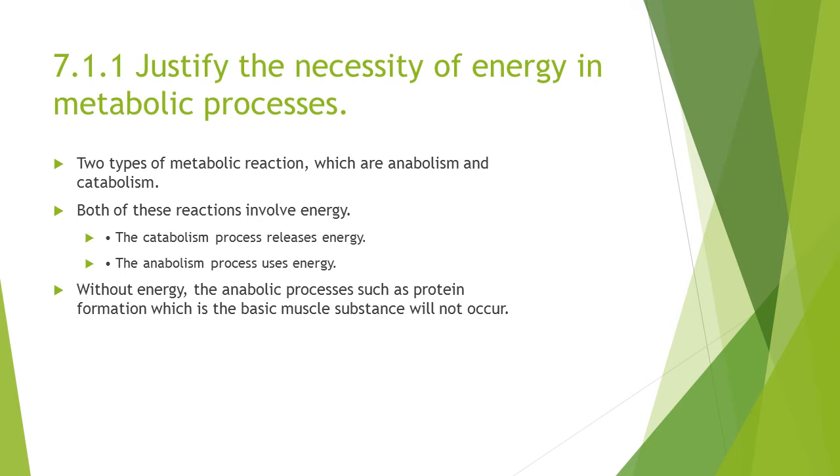Without energy, metabolic processes such as protein formation, which is a basic muscle substance, will not occur. Meaning to produce protein, which forms our muscle, our cells have to undergo anabolic processes. So without these anabolic processes, we cannot produce protein in our body.